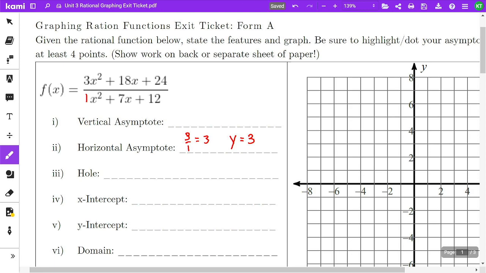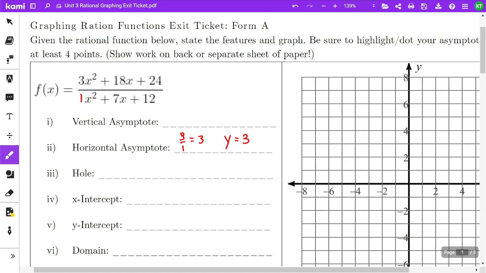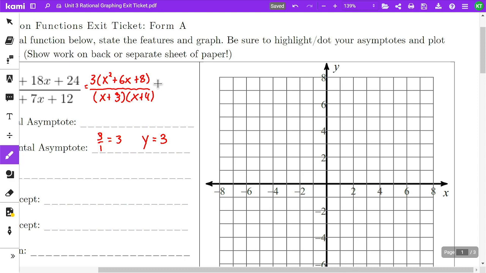And to get the rest of my information, I'm going to go ahead and simplify my function. I will first factor out a 3 on the top, which will leave me with x squared plus 6x plus 8, divided by, I'm going to factor the bottom, that will give me x plus 3 and x plus 4. And then I'm going to further factor the top.